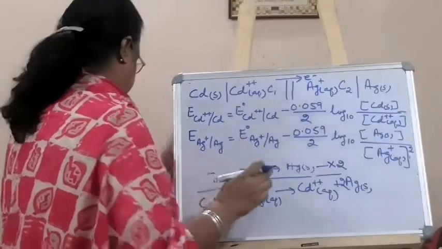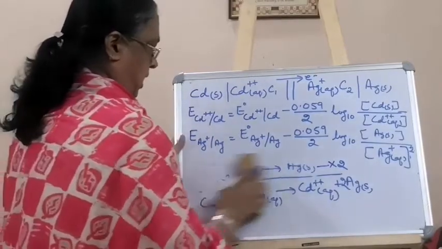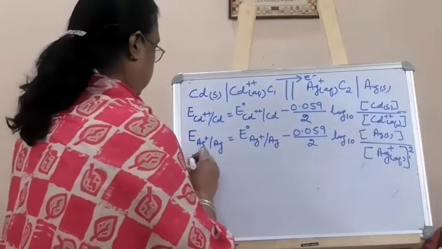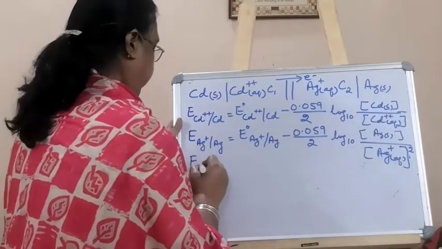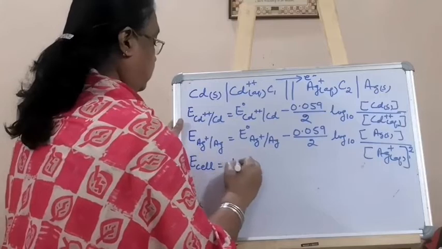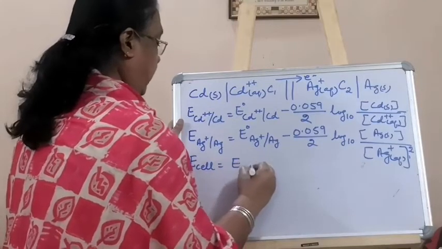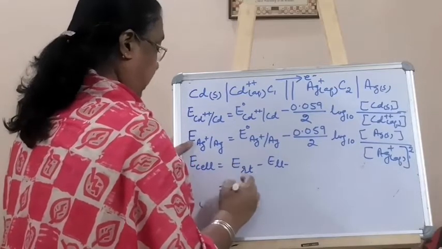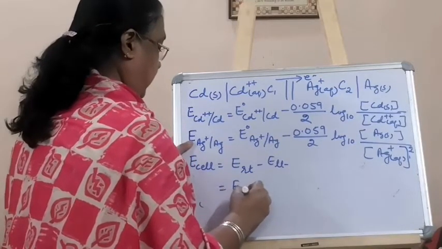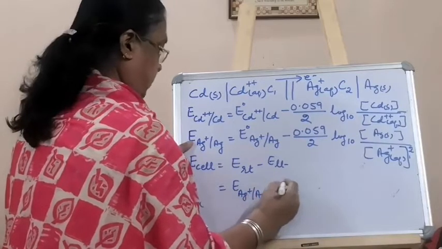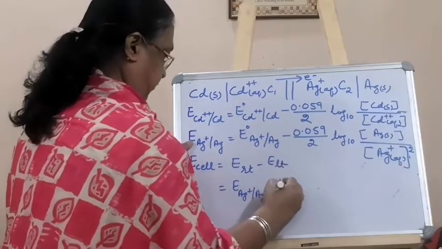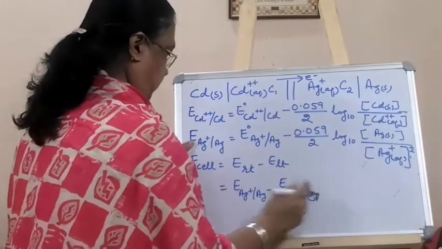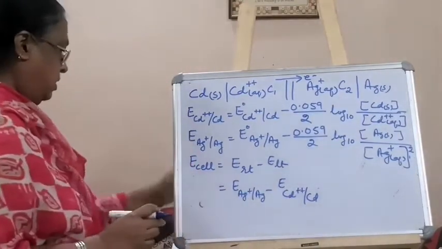So we have got these two equations, and now we will find out the cell potential. So E cell is equal to E right minus E left. What is E right? We have E silver ion over silver, and for E left we have cadmium ion over cadmium, the reduction potential for both.